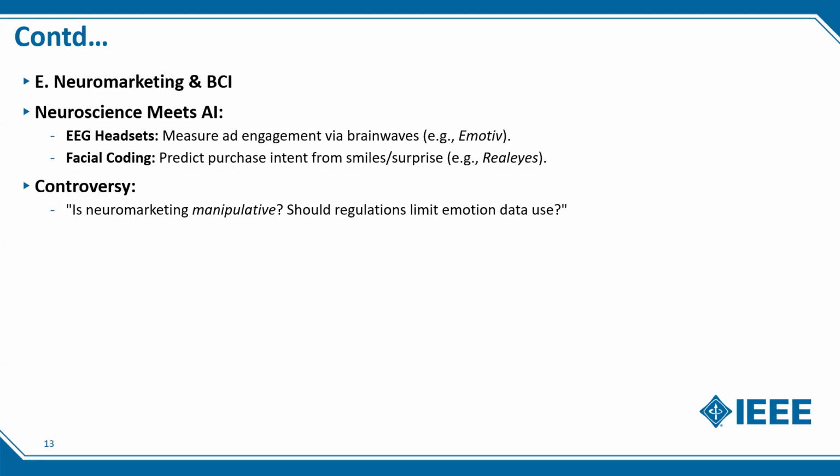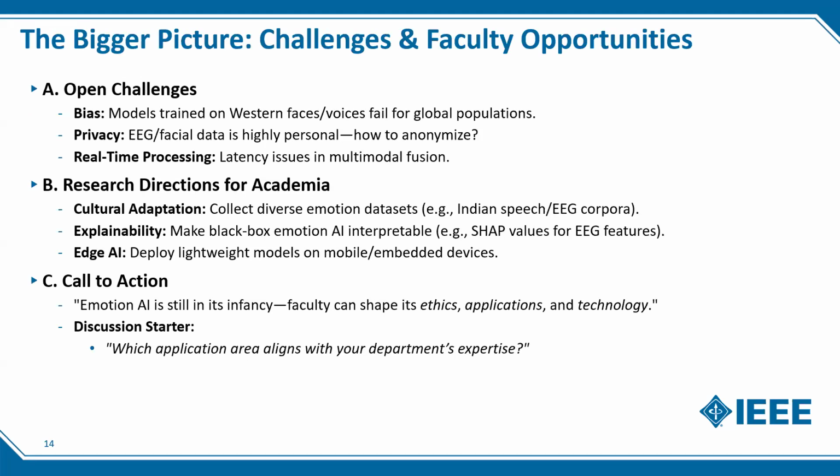Neuromarketing means that if somebody is smiling, based on the smiling, the marketing person can change his presentation style. That is what is called neuromarketing. All these things are nowadays coming into practice. So these are some of the use cases.